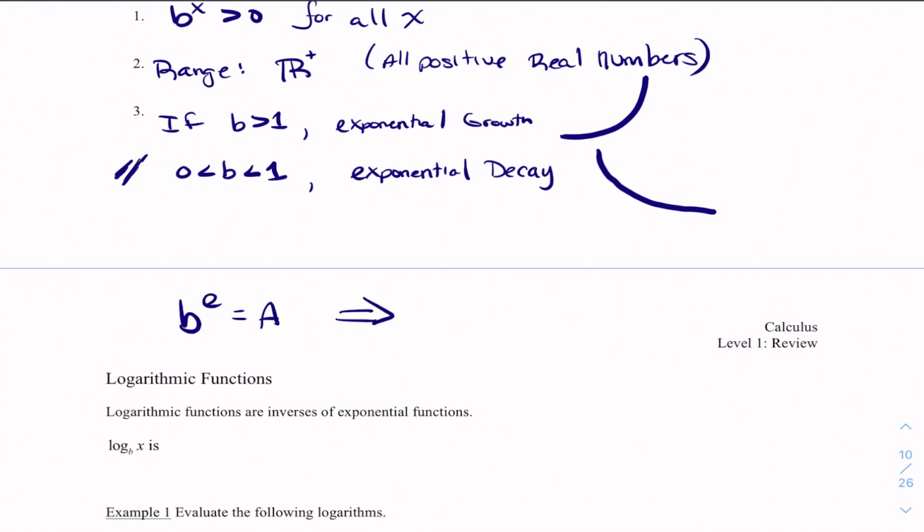To find its inverse, what you do is you remember your bay. So the base will be log base b. The answer is the input, because this is the input, and this answer is your output. Inverses switch the output of the original function with the input.